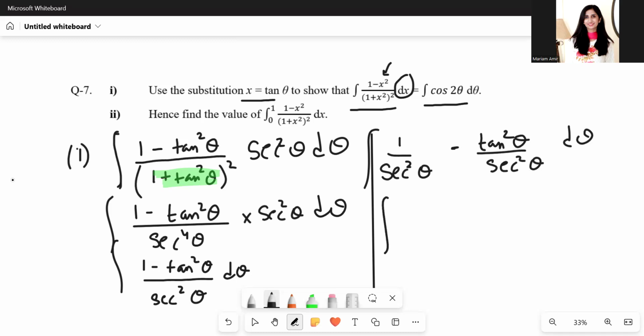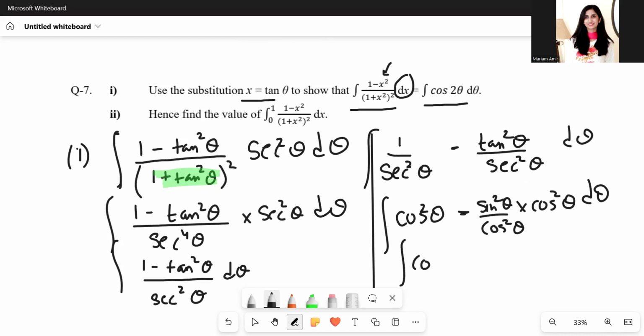Okay, so secant square theta can go to the numerator and become cos square theta, minus this secant square theta can also go to the numerator and become cos square theta. Along with it, we have a tan square theta, which is sine square theta over cos square theta. So after cancellation, we're left with cos square theta minus sine square theta.